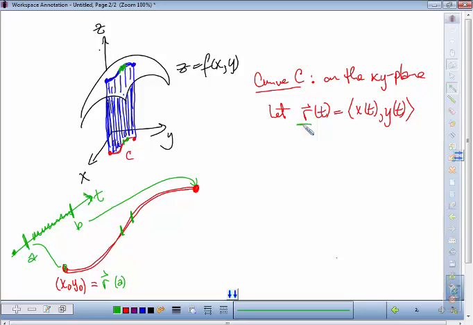Okay, let's keep holding on with this abstract idea, and then we'll bring it back into an actual example that will hopefully be clearer. So imagine your starting point to be R of A, and if I put A, a scalar, in for t, I'm going to get x of A, which I'll call x naught, and then y of A, which I'll call y naught.